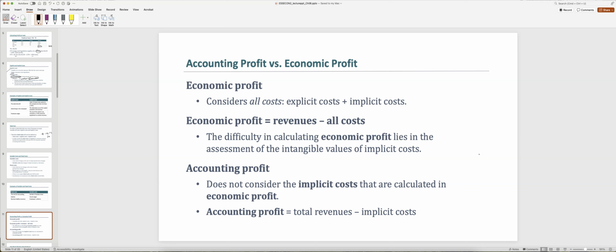And this would be what economists probably would care about a great deal because they're taking into account the opportunity costs of doing the activity. Otherwise, if we're only looking at receipts and invoices, then you're simply calculating the accounting profit.